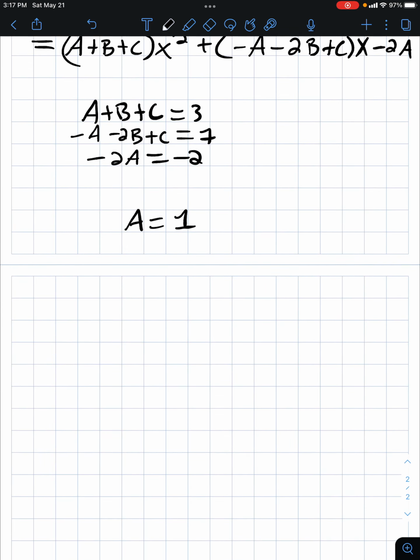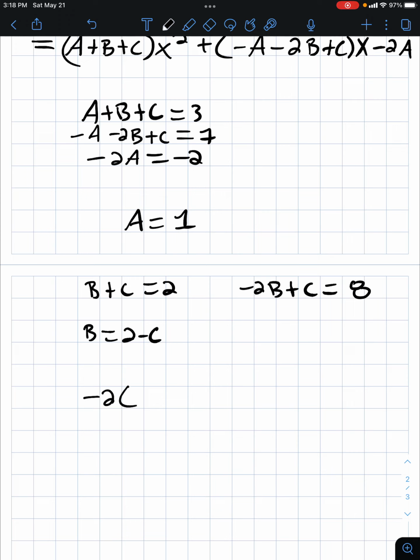So now we have to solve for B and C. If we do that, we're left with B + C equal to 2, and −2B + C equal to 8. We can do a simple substitution. B is equal to 2 − C. Plugging this into the other equation, we get −2(2 − C) + C equal to 8, so −4 + 2C + C equal to 8.